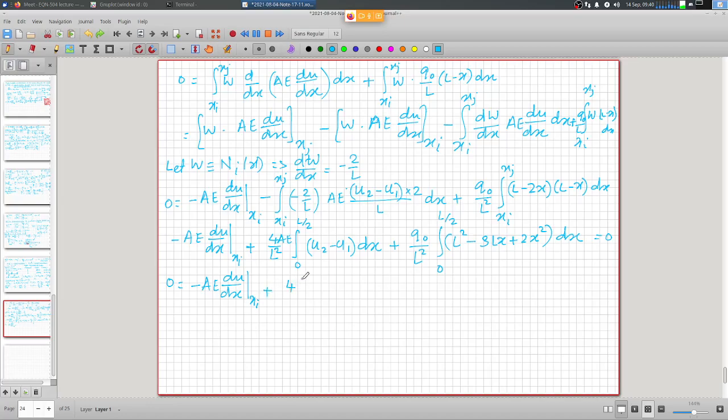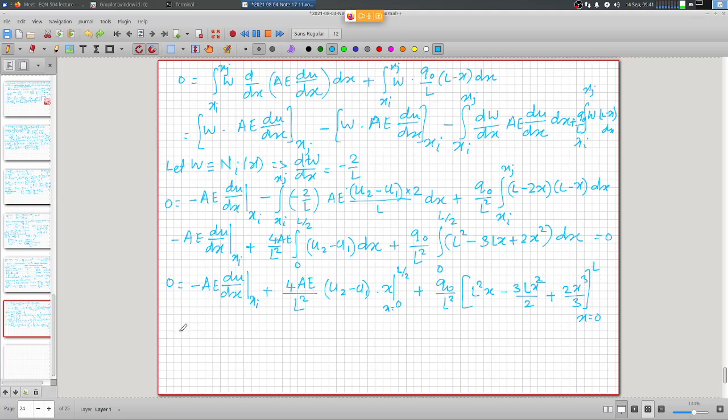Plus 4AE by L square multiplied by (u2 minus u1) times x, evaluated at x is equal to 0 to L by 2, plus q0 by L square multiplied by (L square x minus 3Lx square by 2 plus 2x cube by 3) at x is equal to 0 to L.